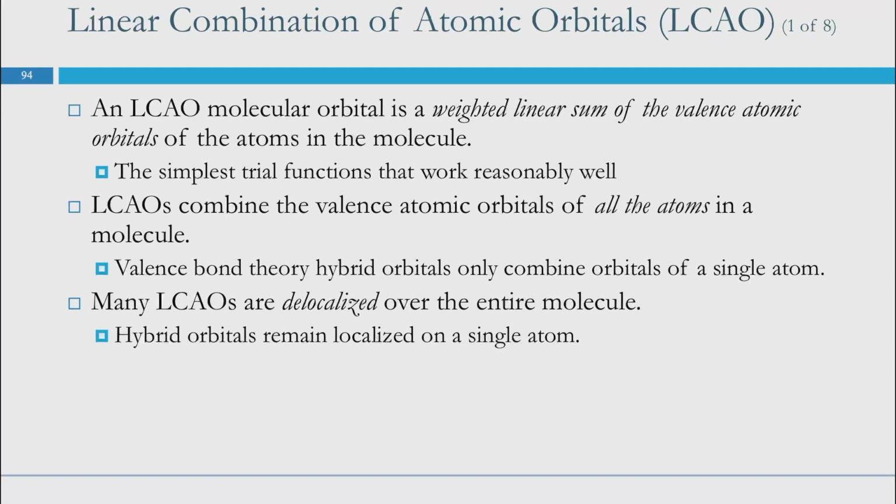So we're going to combine the valence atomic orbitals like S and P for all the atoms in the molecule. And we'll learn some qualitative stuff about it. We're not going to do very much, if anything, with numbers, at least not difficult numbers.